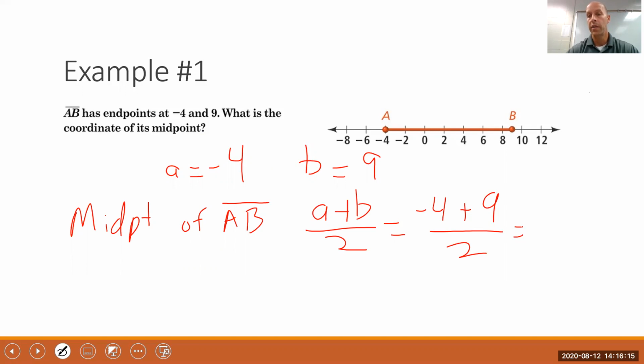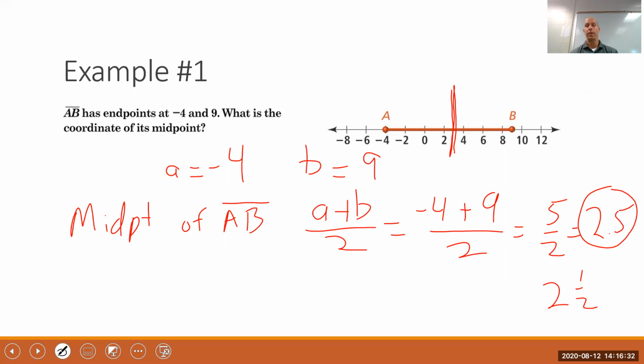That's going to give us 5/2, which is 2.5, or you could call that 2 1/2. And if you eyeball where the middle of that segment is, the midpoint would be right there in the middle. We'll call that midpoint M.